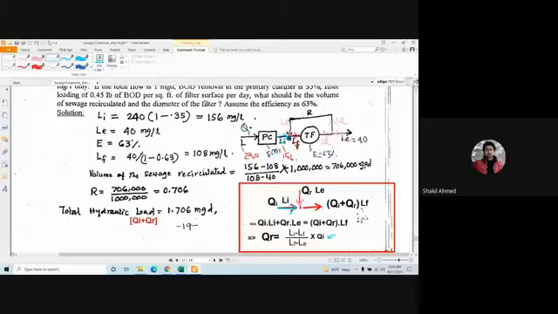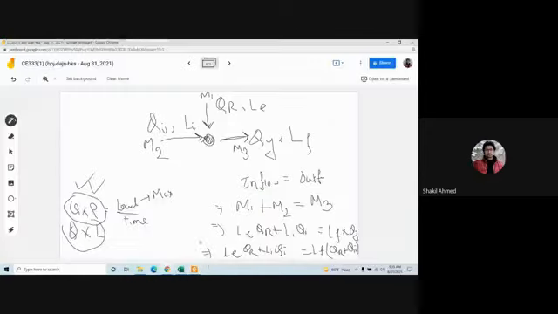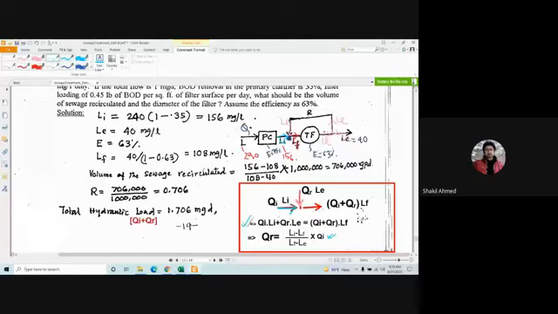QR is the volume of sewage recirculated per unit time, per unit day. So this is actually QR.